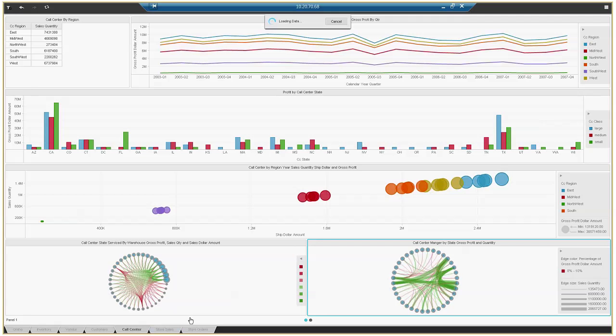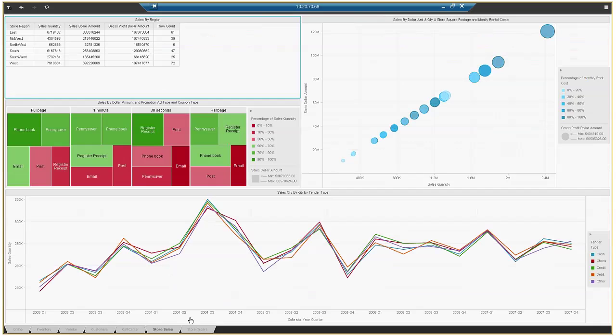Here I have a tab for store sales, and when this dashboard renders, you'll see our information broken out at the bottom here by calendar quarter year, for each of the different tender types that we have. It's pretty consistent across the various tender types, but it's a nice visual to see how we've done in terms of our sales quantity.